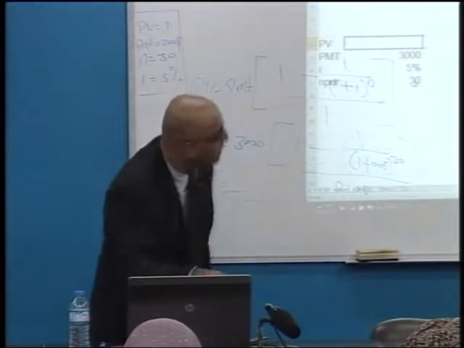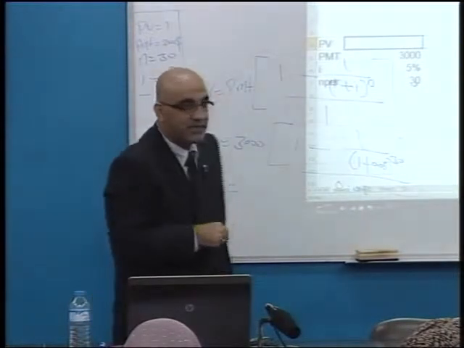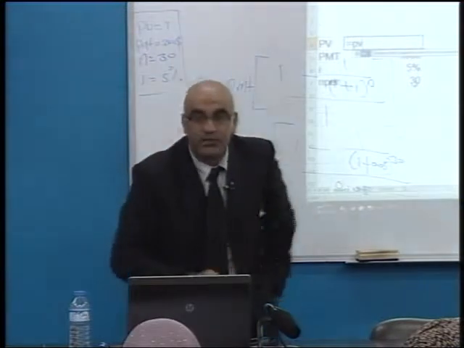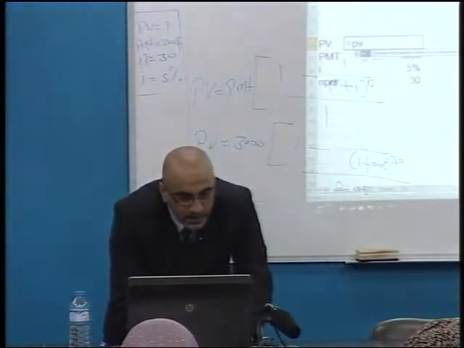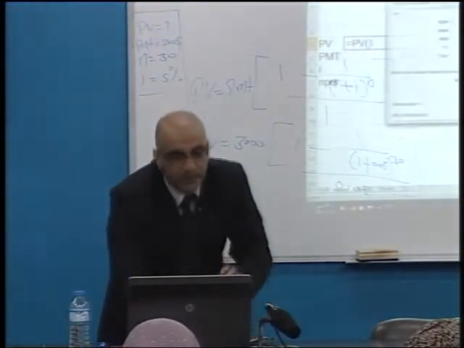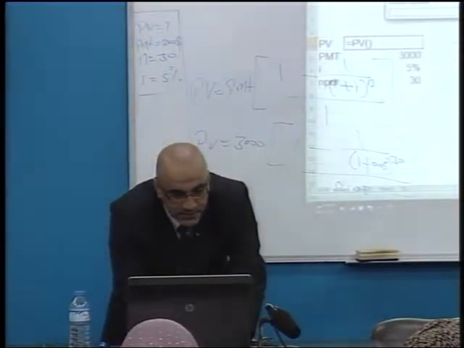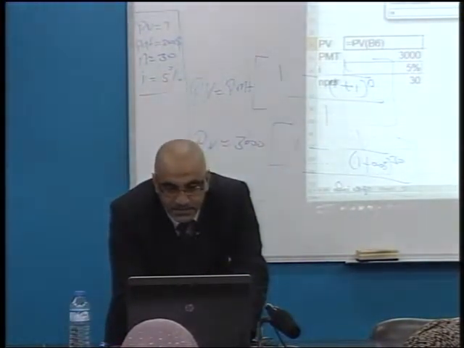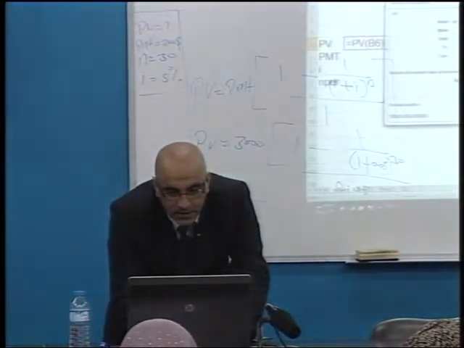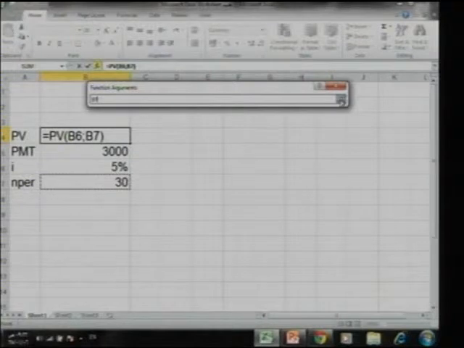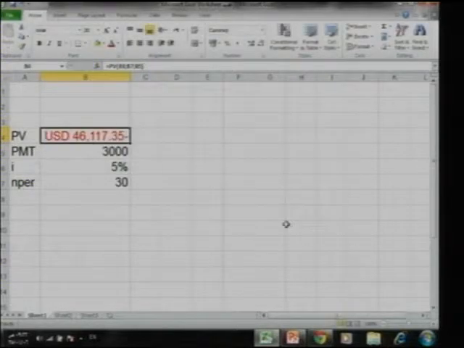So in order to calculate the present value by using the Excel sheet, just type equal, and this is present value. And you have the boxes here. The rate, which is the interest rate, is 5%. The number of periods is 30, which is in here, and the payment is $3,000, and this is the answer.